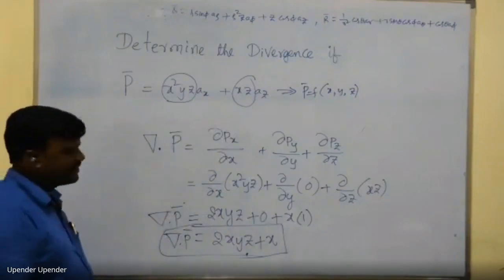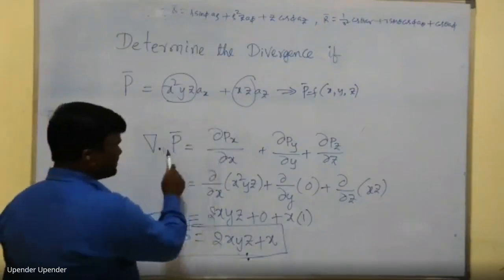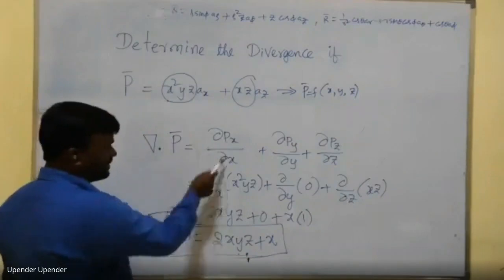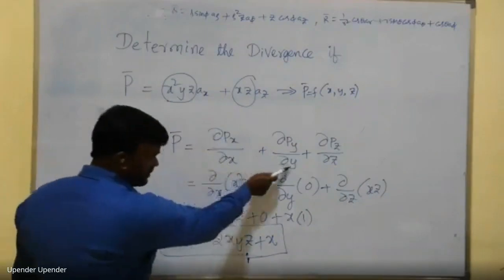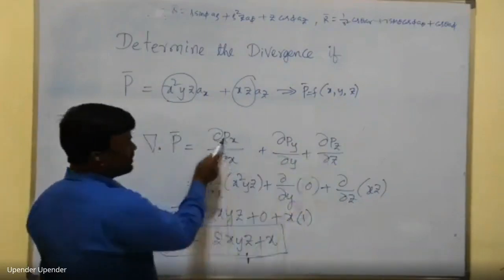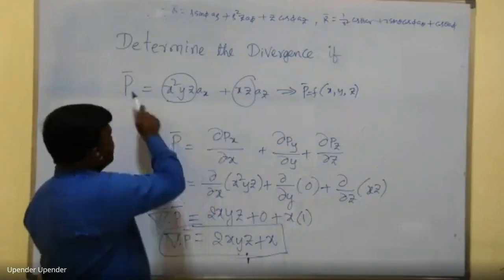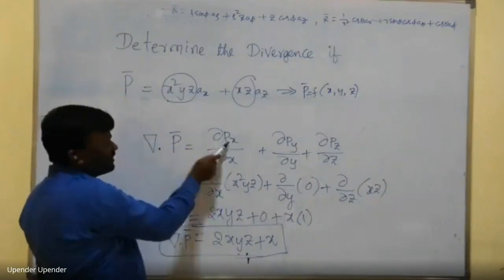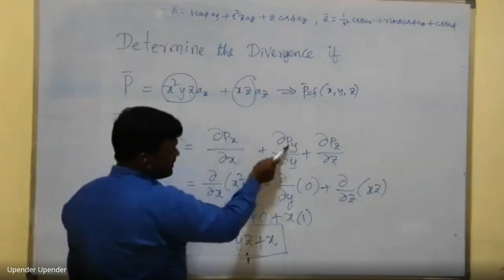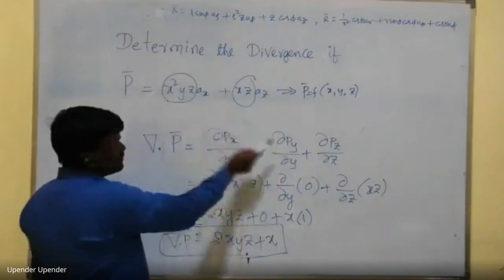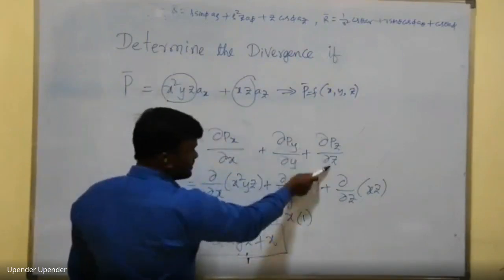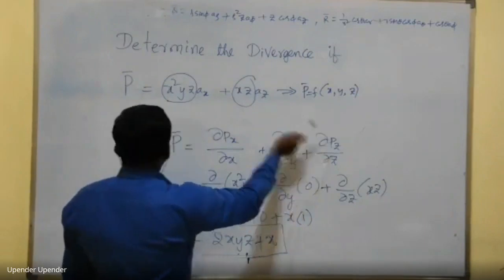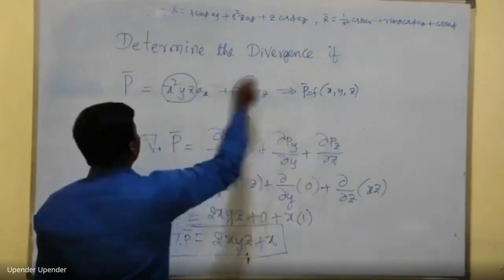Okay, very simple. You can remember this divergence formula in Cartesian very easily. Here differentiation with respect to x, with respect to y, with respect to z. For x, what do we consider? X component of p, that is px. For y, y component of p, that is py. And for z, z component of p, that is pz.